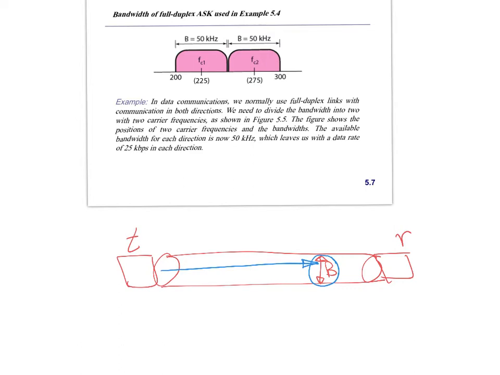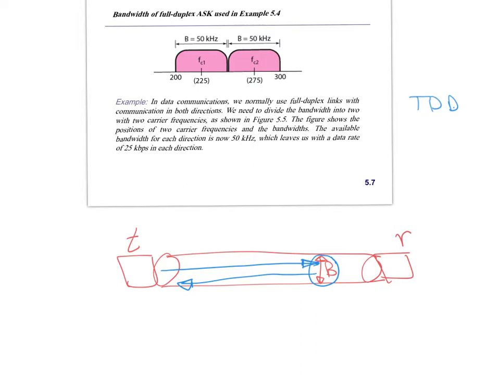However, if I want full duplex communication, where we have the communication going in both directions at the exact same time. For half duplex, if you want to use the communication in one direction, you use the entire bandwidth. If you want to use it for the other direction, then you have to do that at a different time, and we call it time division duplex.